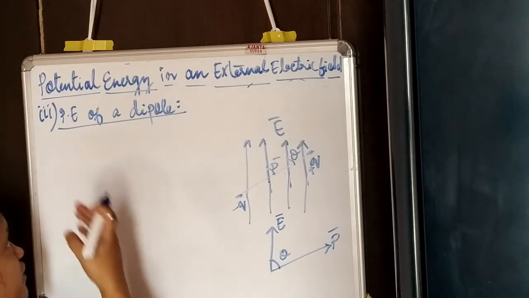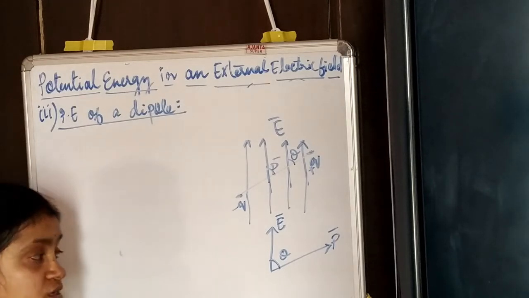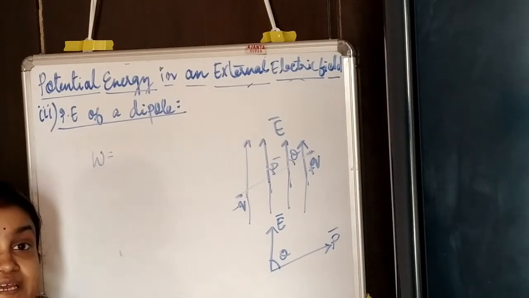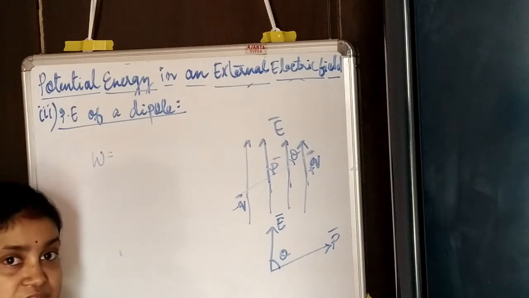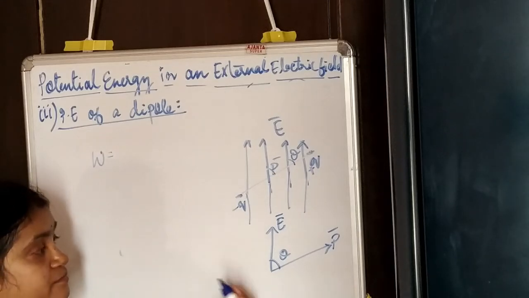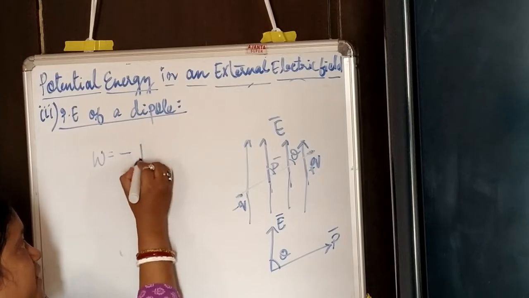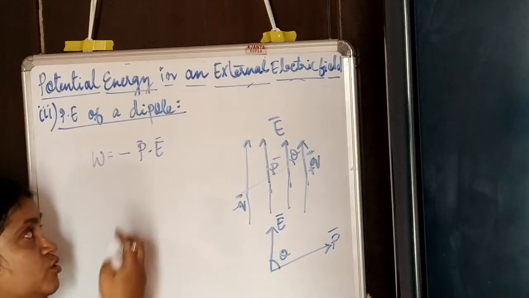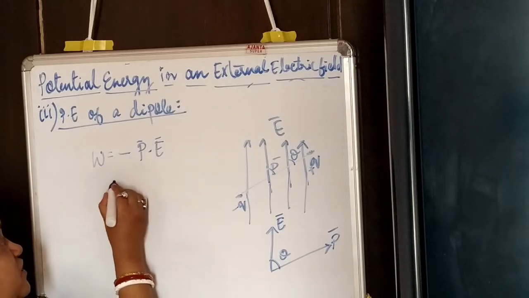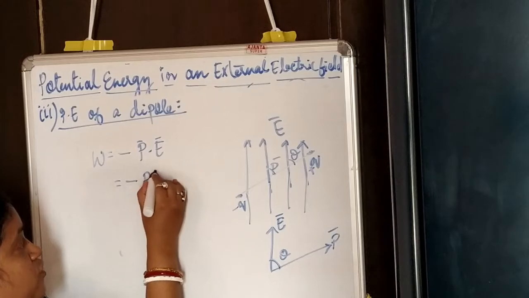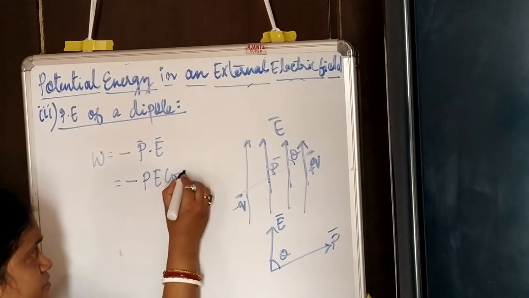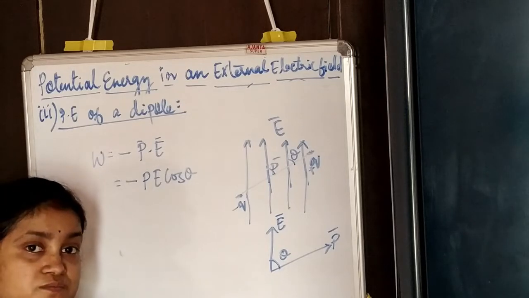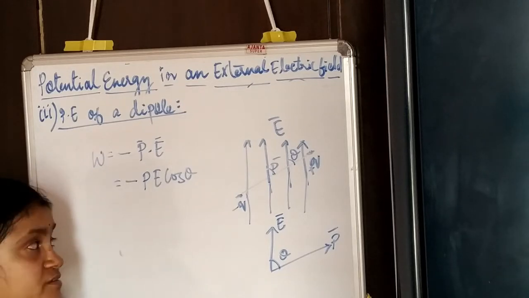If we have to calculate the potential energy of the dipole, then we have to know the work done by the dipole against the electric field. And the work done is given as minus P dot E, the dot product of two vectors, which always gives us PE cos theta, the cos of the angle between these two vectors.